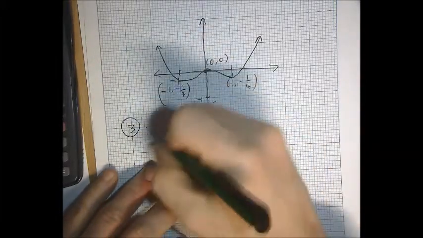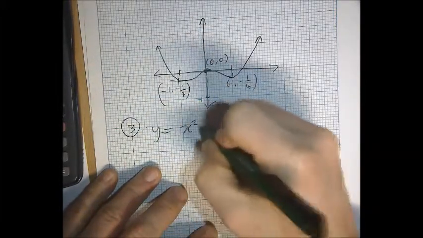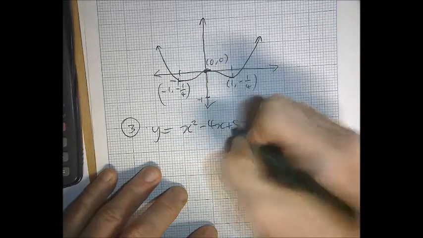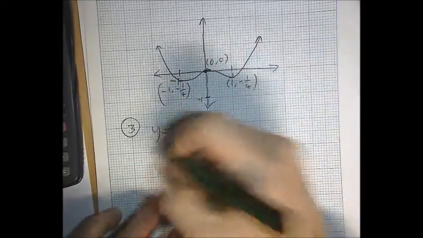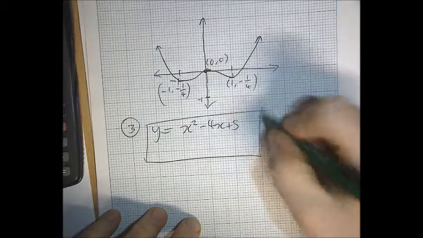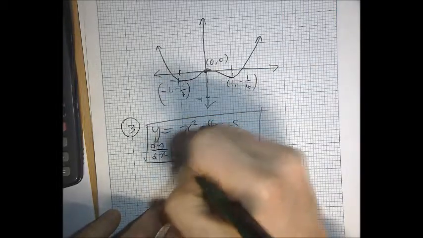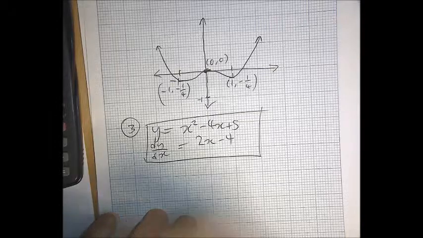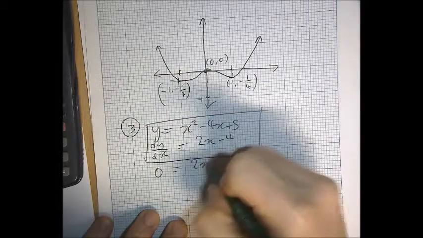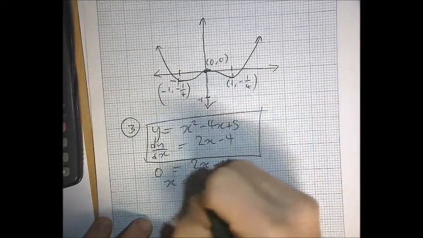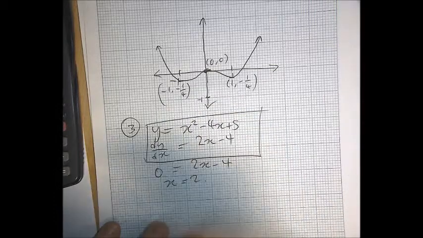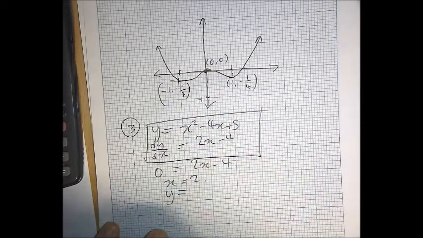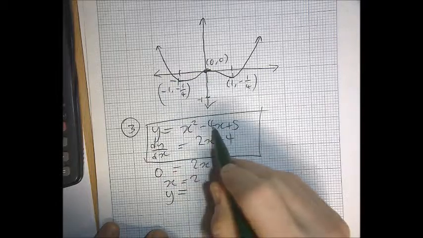Number 3. This is an unkinked basic bucket, in other words a parabola. It's ready for calculus. So, where's that flat? It's flat at x equals 2. How high is it when it's flat? If x equals 2, you get 4 minus 8.